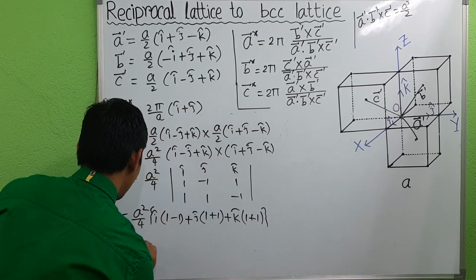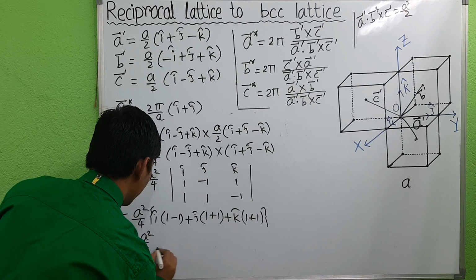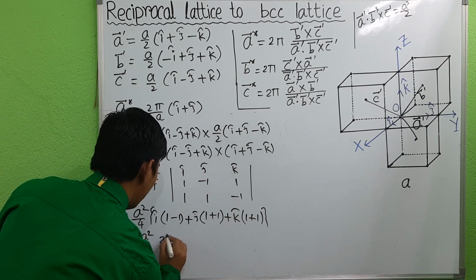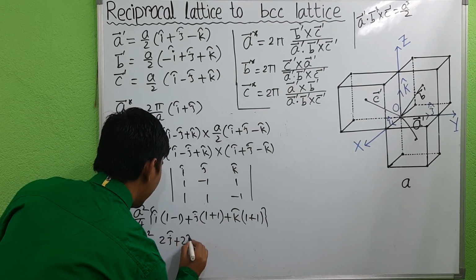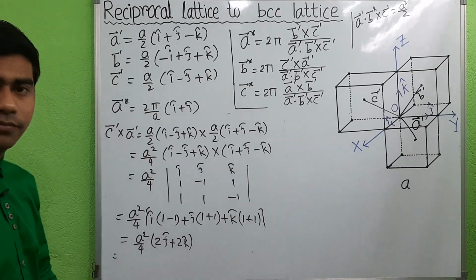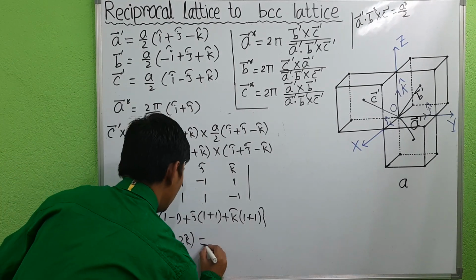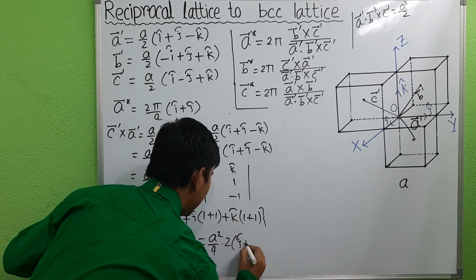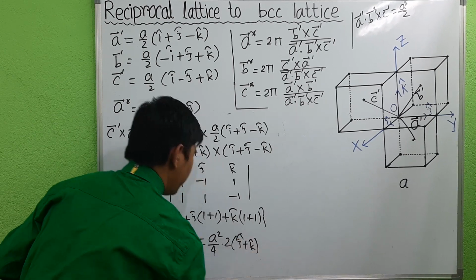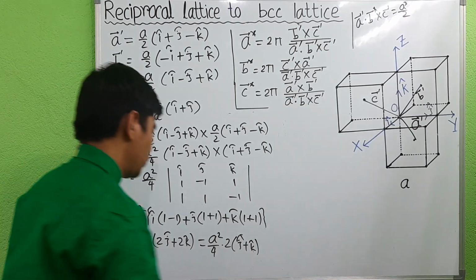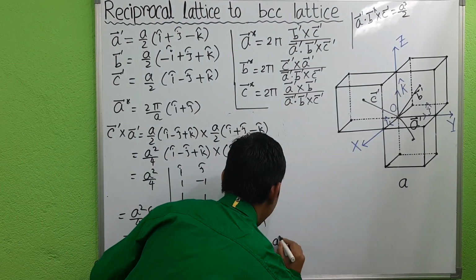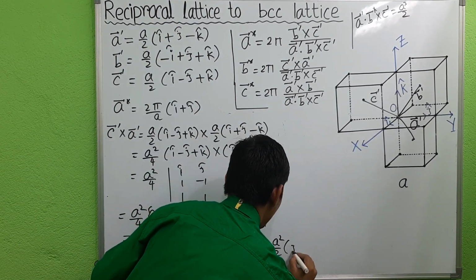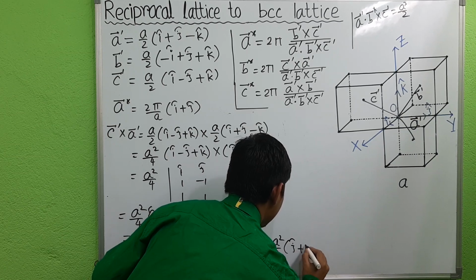So this is equal to a square by 4 (2 j cap + 2 k cap). Taking 2 common, this is equal to a square by 4 times 2 (j cap + k cap), so a square by 2 (j cap + k cap).